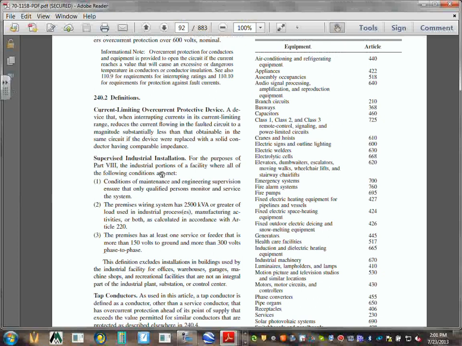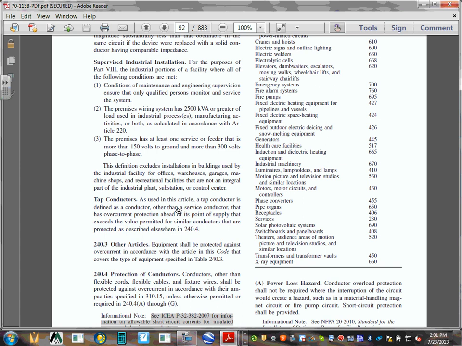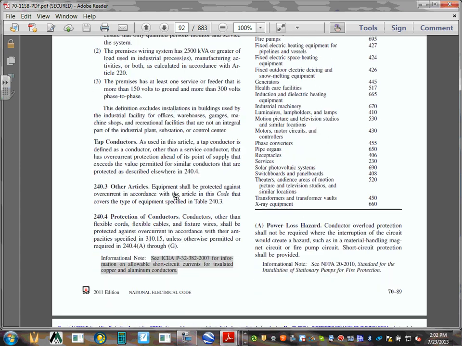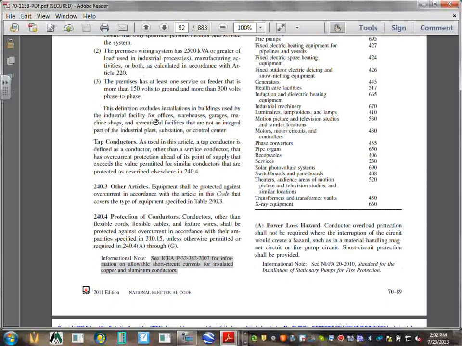That's industrial only. They relax the rules if you have a manufacturing floor powered with a 2.5 megavolt-amp, a substantial size, small city size. Just be aware that if you're doing supervised industrial, you're going to have a lot of protection.